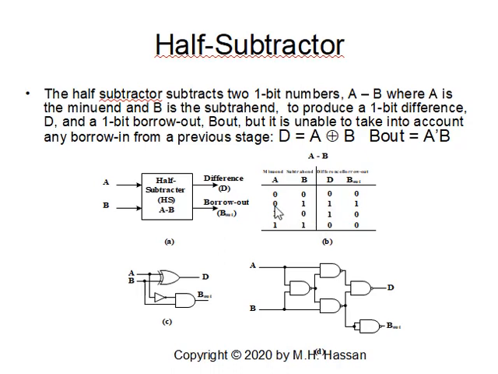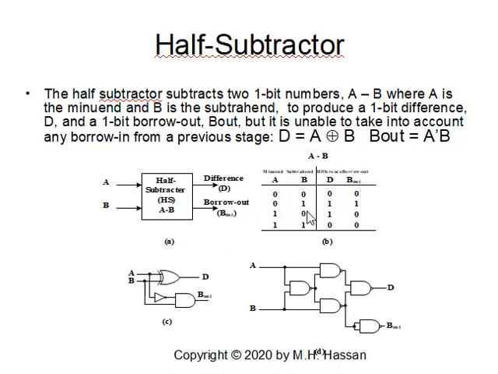We read it from the table whenever d is equal to 1. But a prime b or a b prime is an exclusive OR, so d is a exclusive OR b. How about b out? We have only one 1 here, so b out can be represented by 1 minterm, which is a prime b. B out will be a prime b.